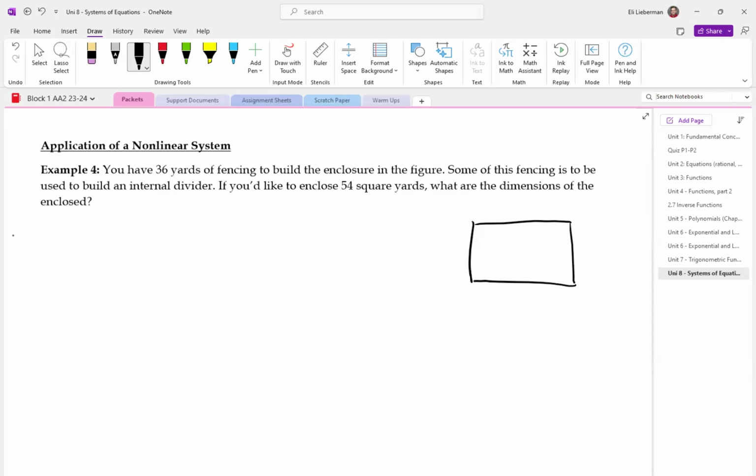And there's an internal divider, which I'm going to say is right here, arbitrarily put right there. So what are the dimensions of the enclosed? So in other words, what is X and what is Y?